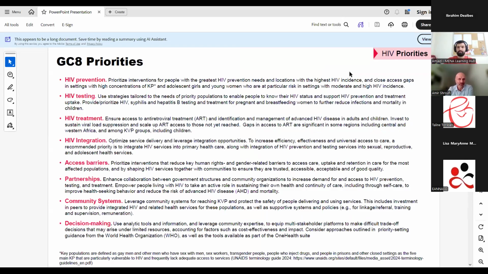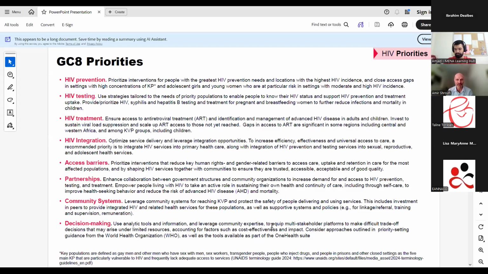So hopefully this is useful for those of you that are involved with helping countries to produce guidance and involved with DCMs and involved in the process. But really the process this year is looking towards these 8 priorities when it comes to HIV. A lot of this isn't really new. It'll be an extension of things you've already heard and things that you already know, and indeed things that you're already working to achieve.